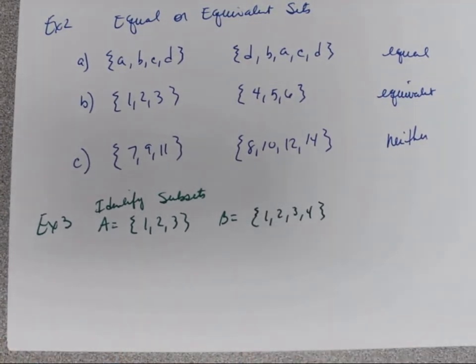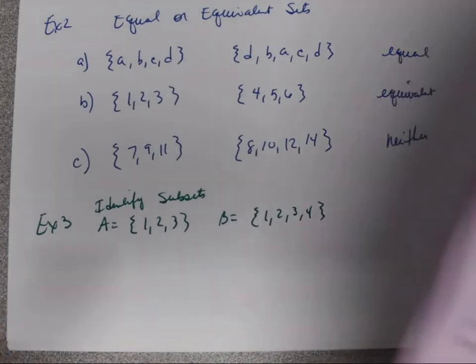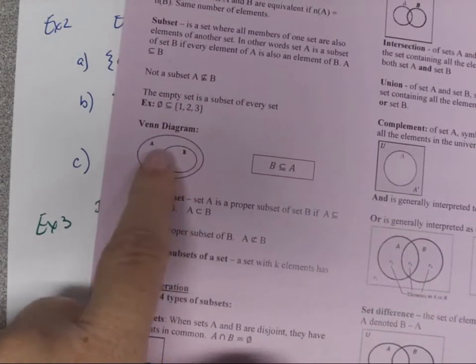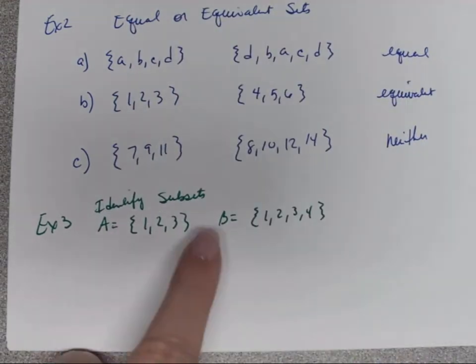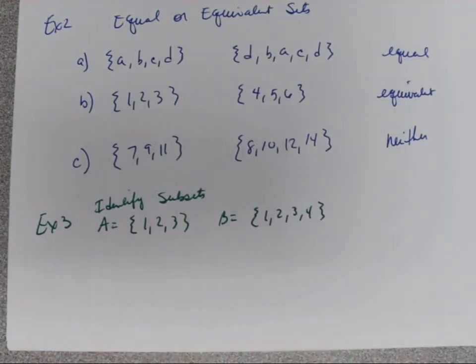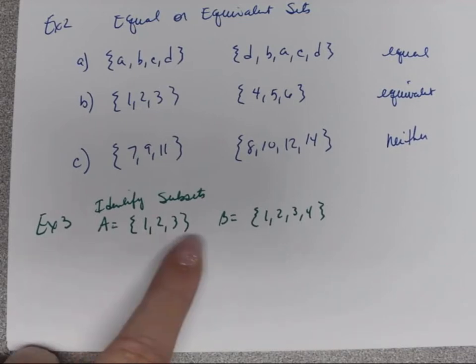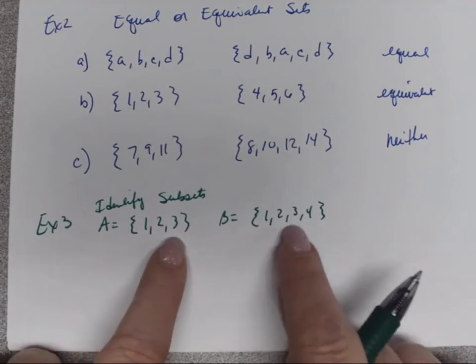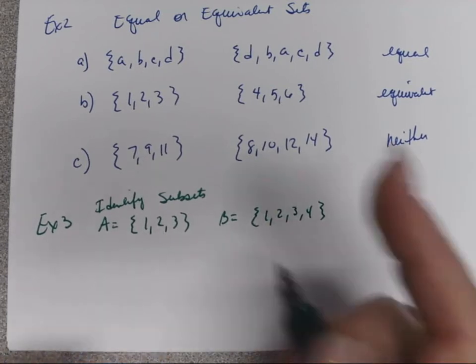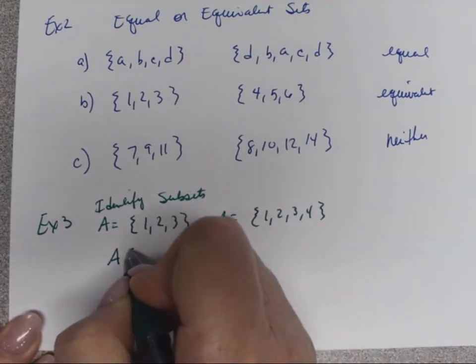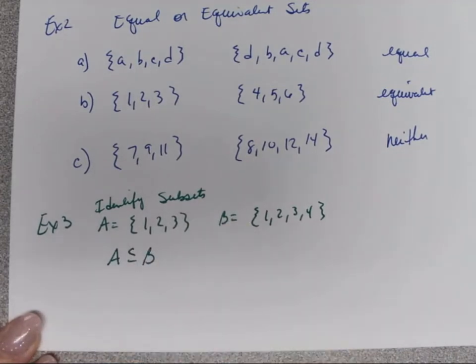So remember, a subset is where those elements are all in the set of the other. This one set is inside of the other set. So remember, we can look at that as a Venn diagram. All of this one was inside of that one. So we're looking here to see, is one set inside of the other? Well, if I look at this, all of 1, 2, 3 are inside 1, 2, 3, 4. All of these exist over here. So that tells me that A is a subset or equal to B.